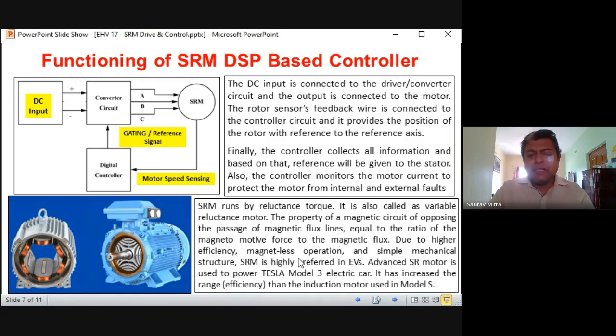Higher efficiency, magnet-less operation. Since there is no magnet in the stator or rotor, nowhere, all the losses will be very low, and we are not creating any magnetic field, so unnecessary usage of field coil is not there. It is a very unique kind of motor that they have designed. So please check that SynRM motor for Tesla 3.